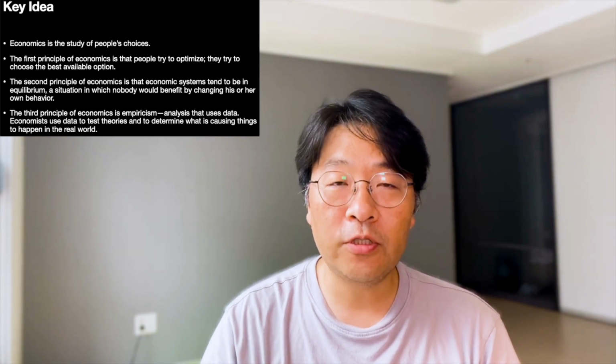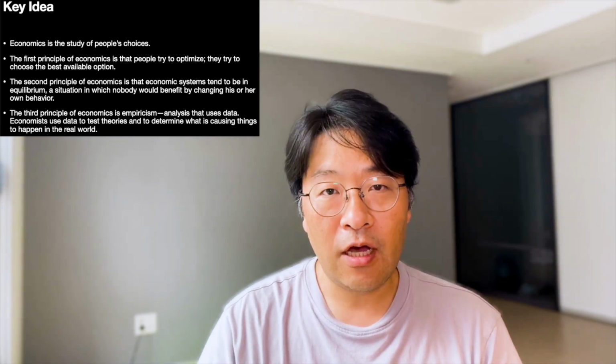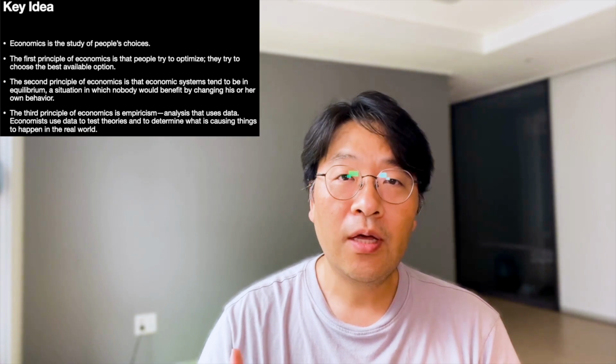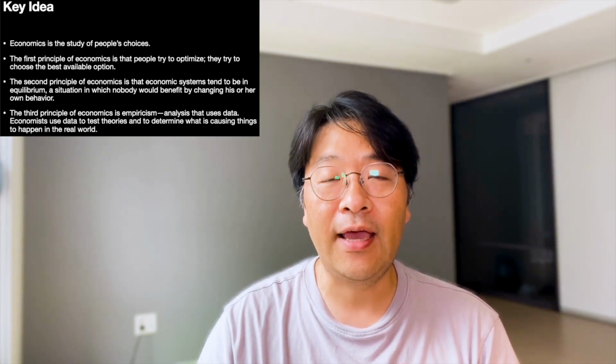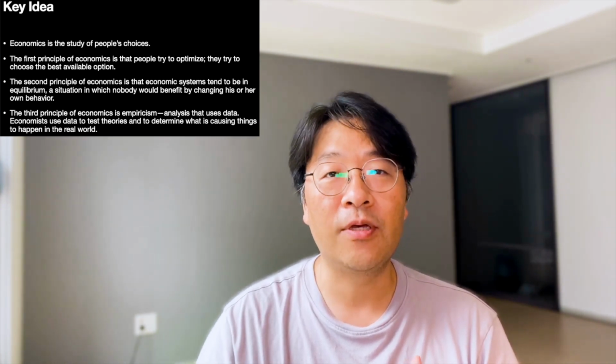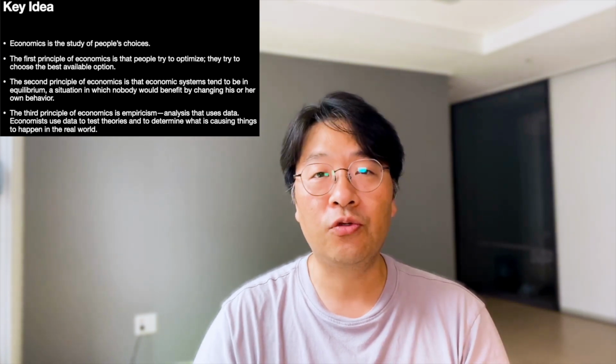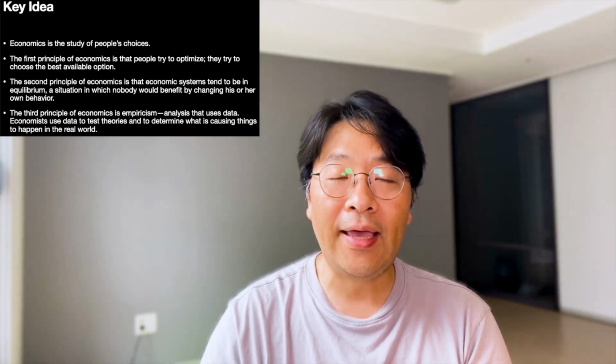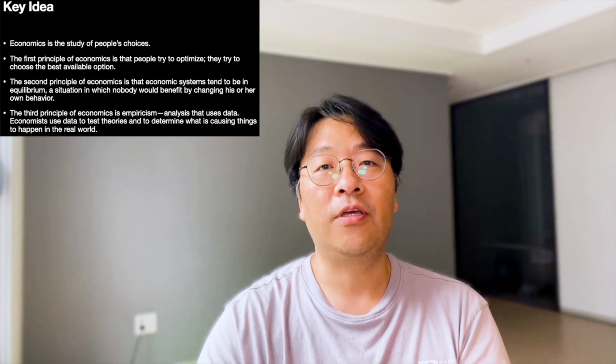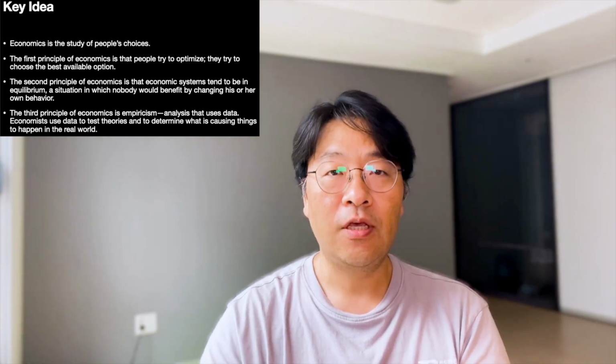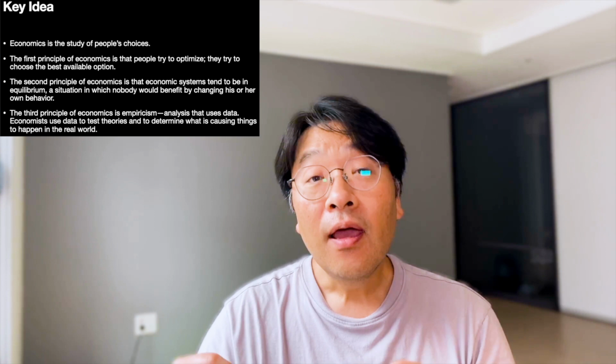But the most important part is that in economics, we make a model to analyze and think about what economics is about, and try to explain how or why each economic agent behaves that way.